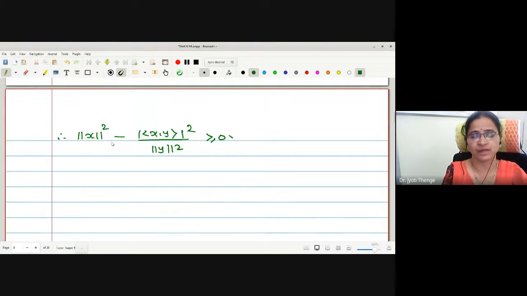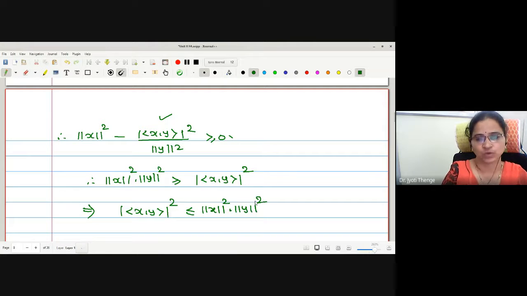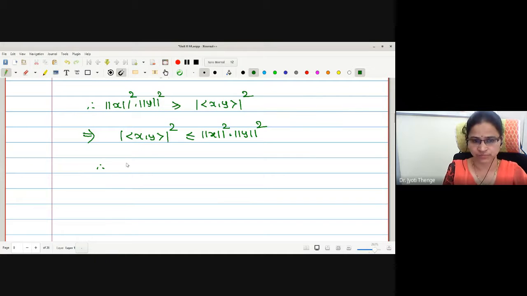Now let us shift this term on the right and take a multiplication. And if I flip the sides, okay, taking a square root, okay, this is what we have proved.